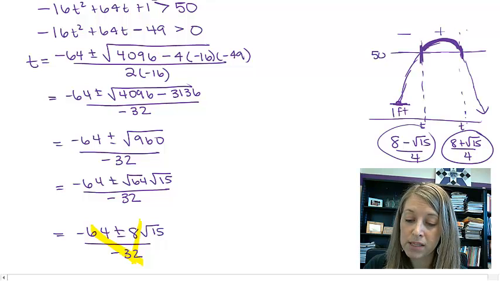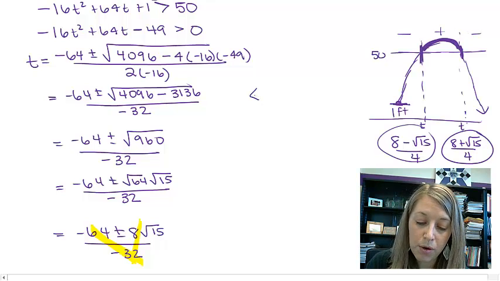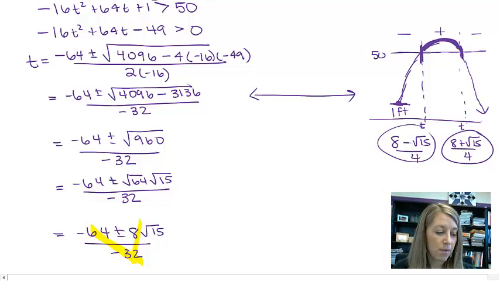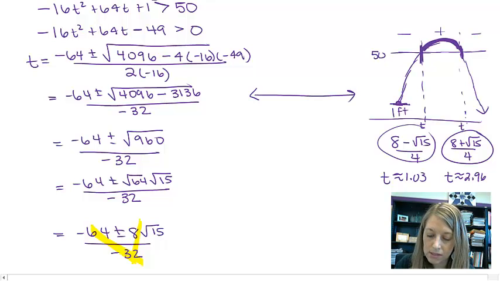But we need to make sure that our signs actually do match up, that this one is negative, positive, negative. So we need to put our sign chart in here, and it might be easier to figure out what these are approximately. 8 minus root 15 divided by 4 is approximately when time is 1.03, and 8 plus root 15 over 4 when time is approximately 2.96.